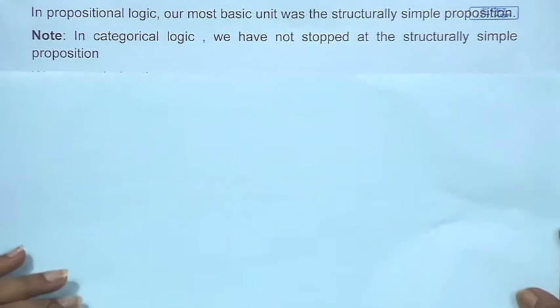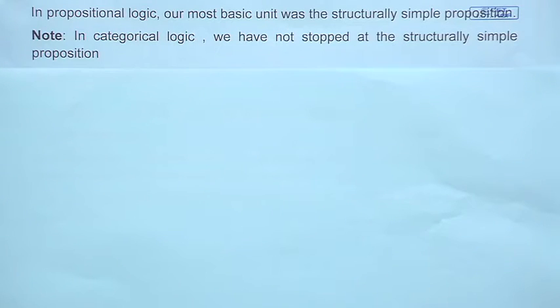First we need to go back to the reason why we left propositional logic. I have already mentioned this, but it is better to bring it back again. Remember, in propositional logic our ultimate unit was the structurally simple proposition.